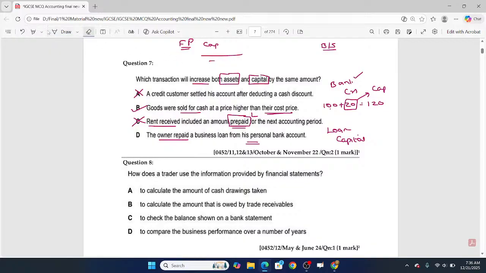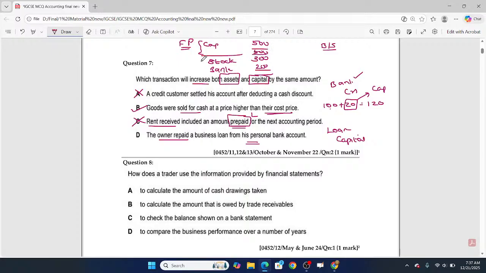Rather than asset, I name these the stock account and the bank account. The capital being 500 rupees, stock being 300 rupees, bank being 200. That's how you can imagine. In capital and liabilities also 500. On the asset side, stock and bank also 500.